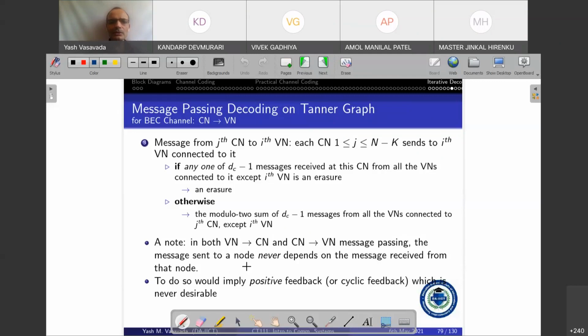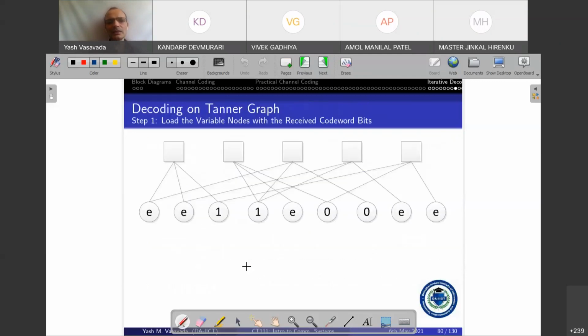Okay, so now let us look at the example that we had. I think this is the same diagram as before. So let us see. So this CN is correct. This CN is also correct.